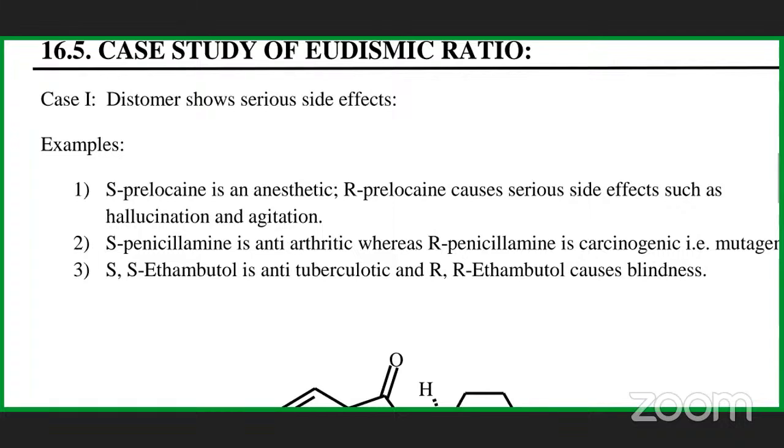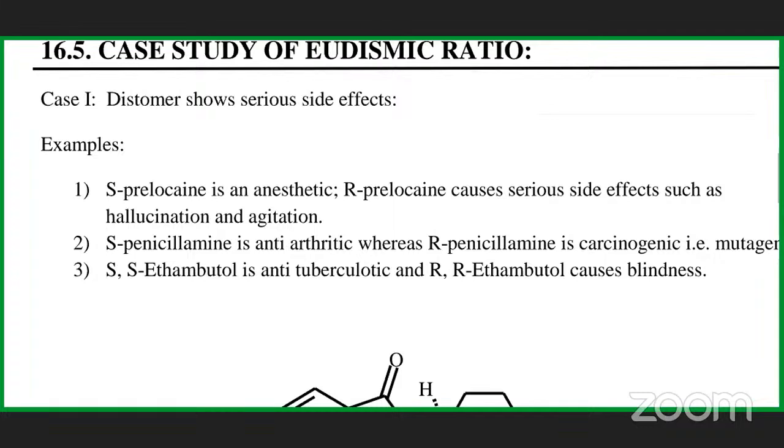The example is where S-ketamine is an anesthetic drug, and R-ketamine causes serious side effects such as hallucination and agitation. So here S-ketamine is an anesthetic drug, and R-ketamine causes serious side effects.